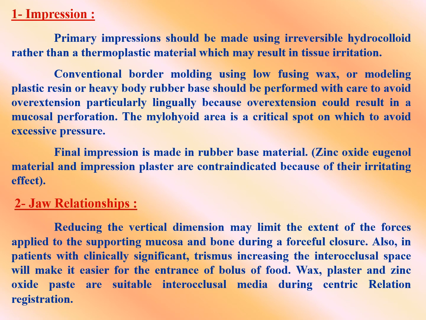The mylohyoid area is a critical spot on which to avoid excessive pressure. Final impression is made in rubber-based material. Zinc oxide eugenol material and impression plasters are contraindicated because of their irritating effect.